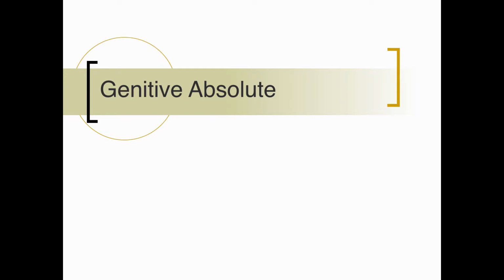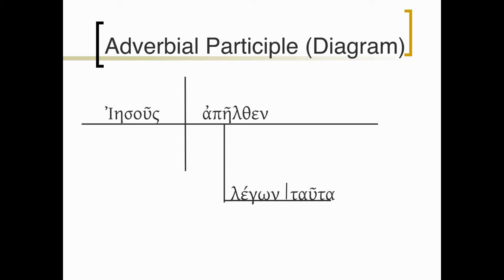But first, let's think about the adverbial participle. Your adverbial participle is going to modify the verb. Our sentence that we looked at on Saturday: Jesus apelthen legon tauta. Jesus departed while saying these things.